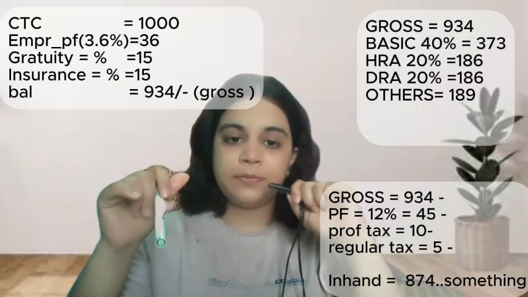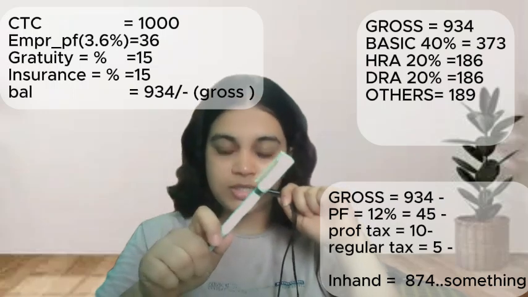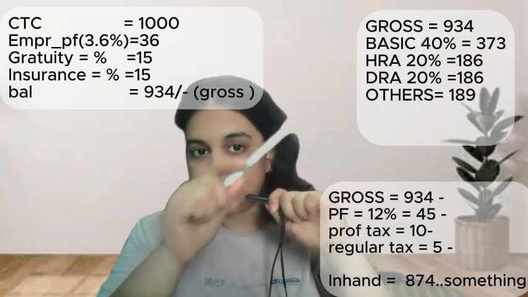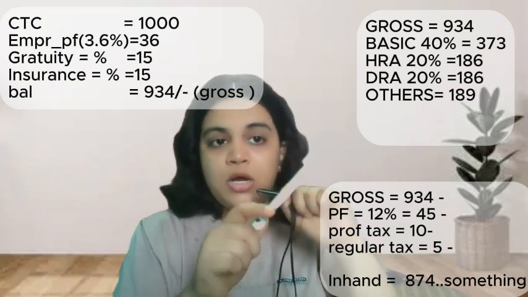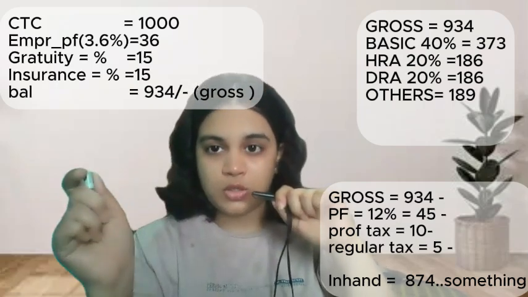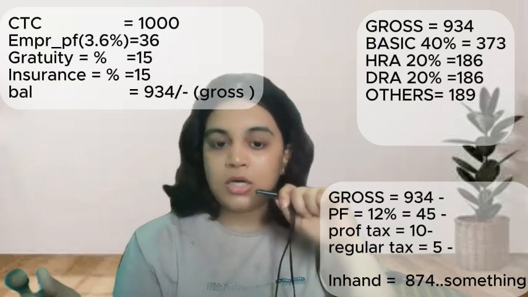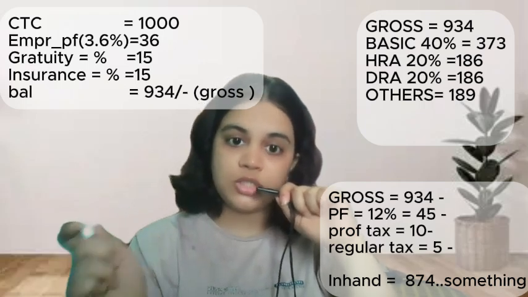Okay, clear? So just pause the video and look at the screen once again so that you understand. We had an earlier CTC of 1,000. We removed the employer deductions. Once the employer deductions were done, we got the gross salary. From the gross salary, we allocated these three percentages for basic pay, HRA, as well as the other allowances.